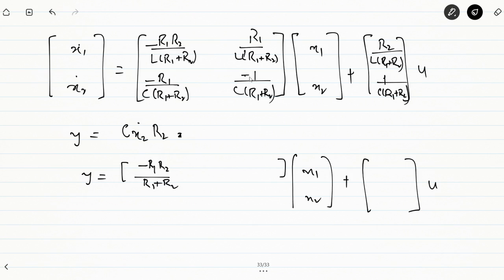C R2 टाइम्स माइनस 1 बाई C R1 प्लस R2. C और C कैंसल्स आउट, दिस इज माइनस R2 डिवाइडेड बाई R1 प्लस R2 प्लस 1 बाई C टाइम R1 प्लस R2 इंटू डैट मीन्स R2 डिवाइडेड बाई R1 प्लस R2.